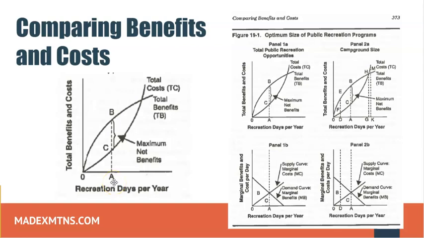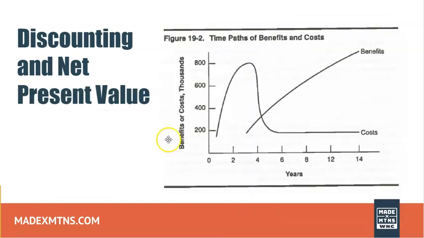Okay, and one thing about recreation projects is that the benefits and costs have different patterns over time. So this graph in figure 19.2 illustrates what a typical project might look like.